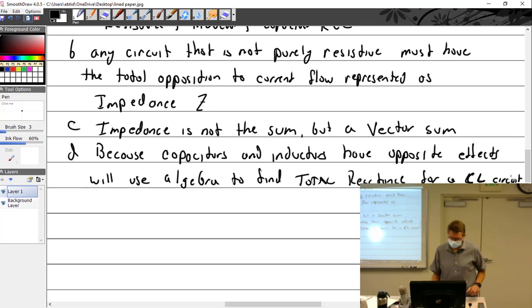So first we're going to deal with the C and the L part, and figure out how that does, and we're going to work off from there.